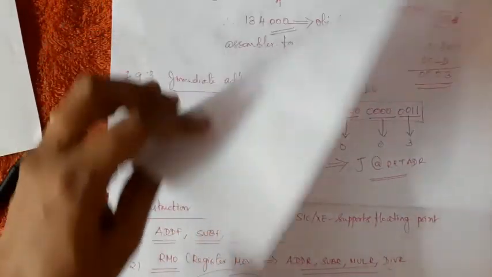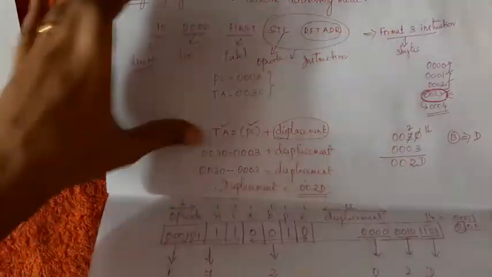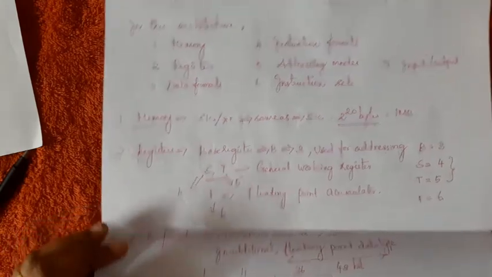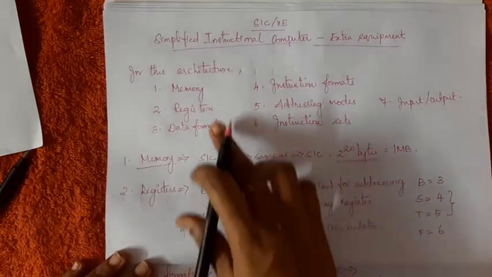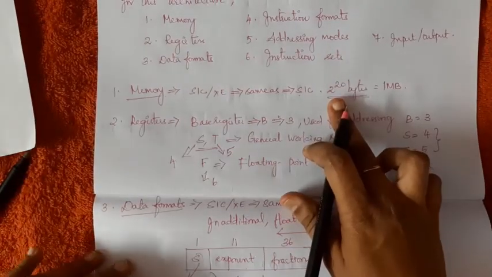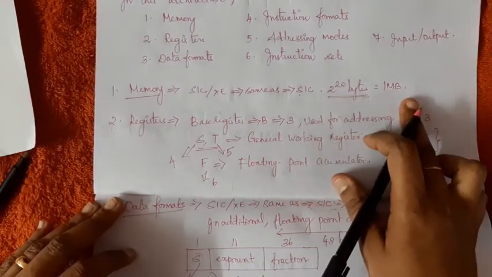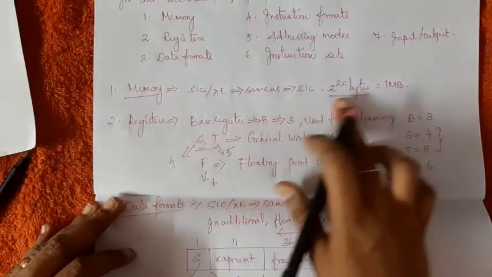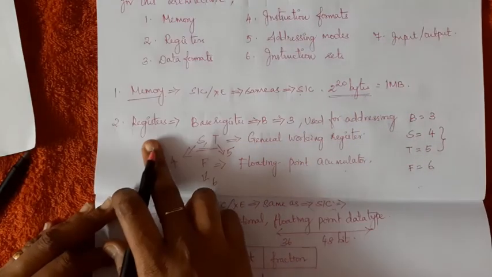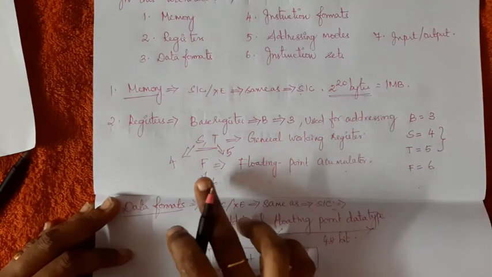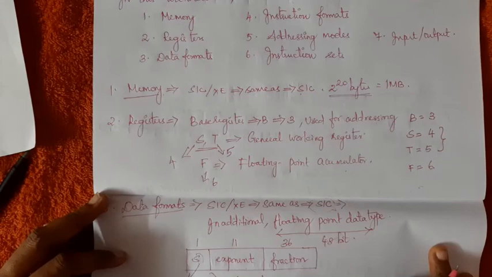So far we learned that SIC/XE has the same features as the SIC standard model. We studied the memory, 2 power 20 bytes, which is equivalent to 1 megabyte. The maximum limit of memory in SIC/XE is 1 megabyte. We have studied registers: base register, S and T general working registers, and F is a floating point register.